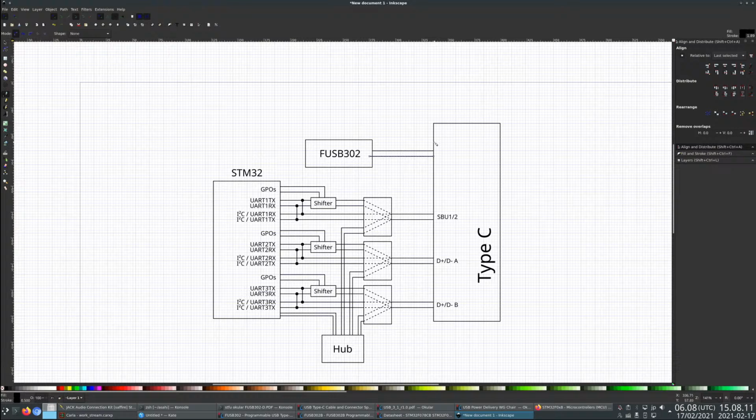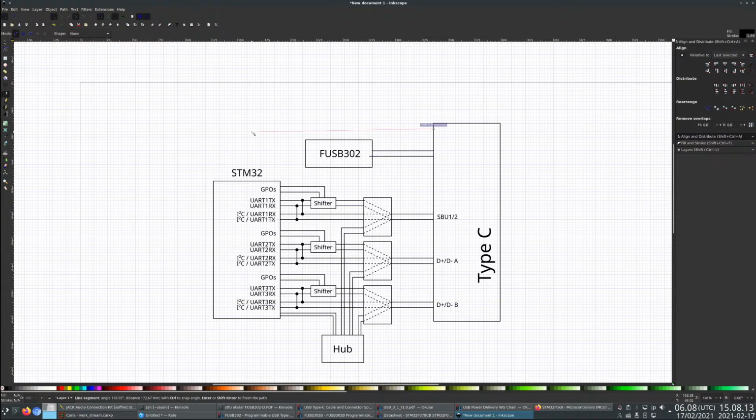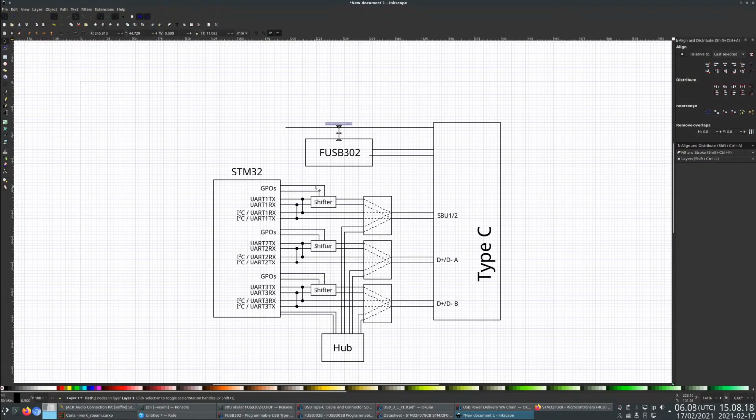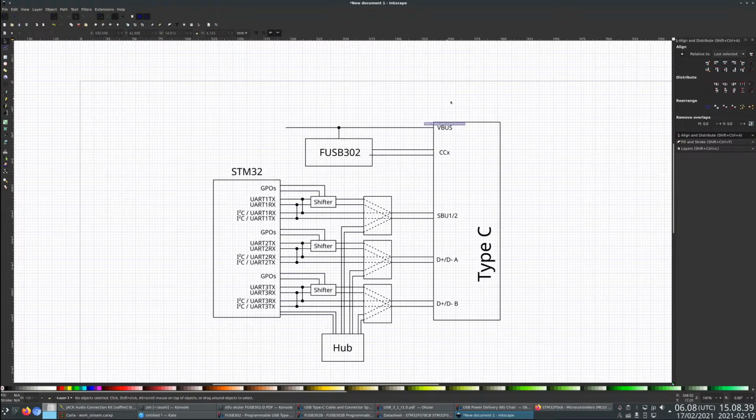And we're going to have VBus going through here. Yeah, so we need VCon in.